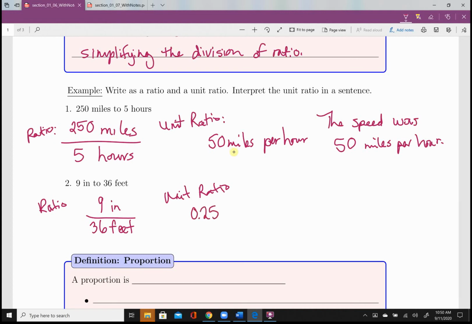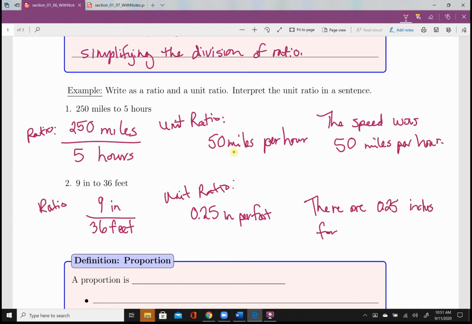And yeah, unit ratios, generally we convert those into decimals. It's just a little bit of a convention. So that'll be 0.25 inches per foot would be the appropriate units there. And as a sentence, I know a little bit generic, you could say something to the effect, there are 0.25 inches for every foot.